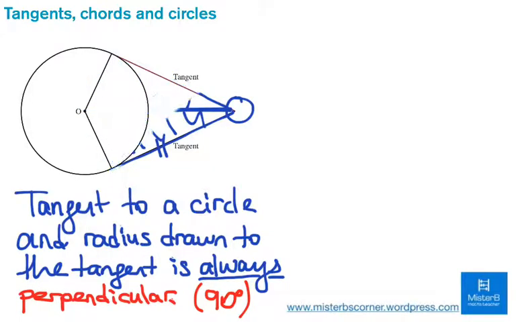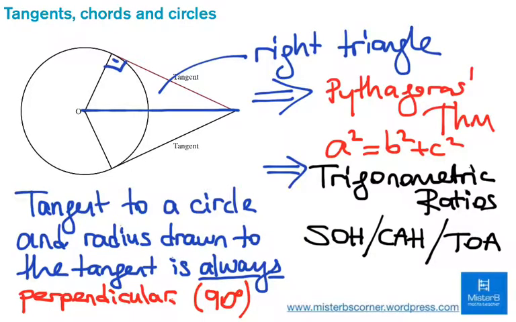When you have a right triangle, you should immediately remember Pythagoras and trigonometric ratios, of course. This means there may be questions asking the side lengths of these triangles: the hypotenuse, the tangent bit or the radius bit, or an angle may be given.